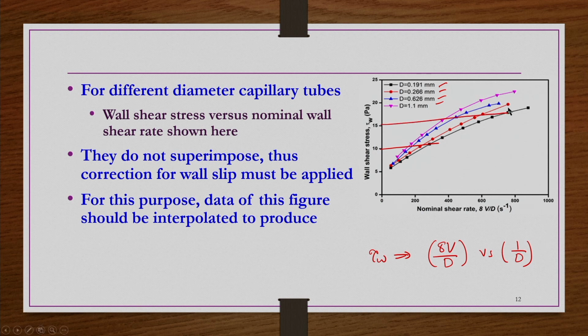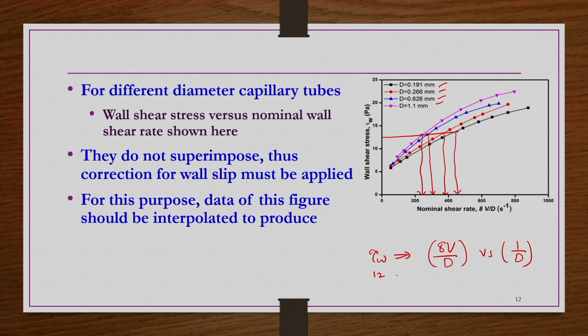Let us say you take a tau W of around 12 here and draw a straight line, and for each curve you draw a vertical line wherever they intersect. So, the corresponding 8V by D values you have to find out.